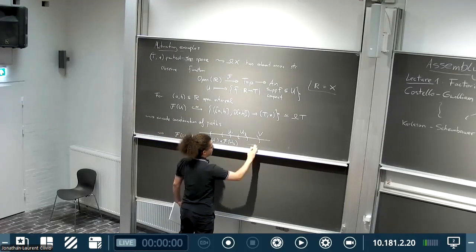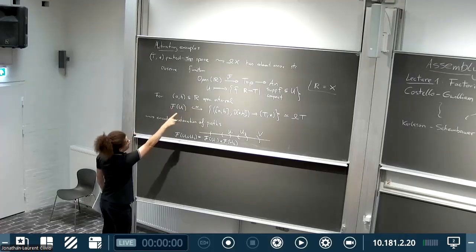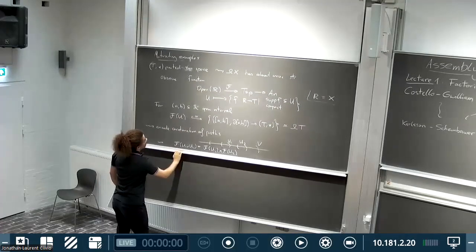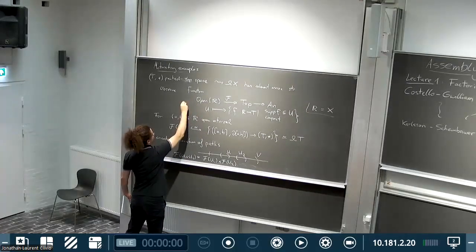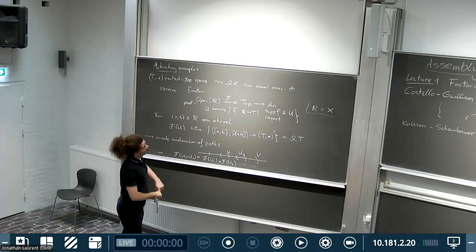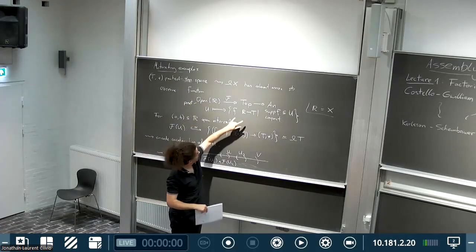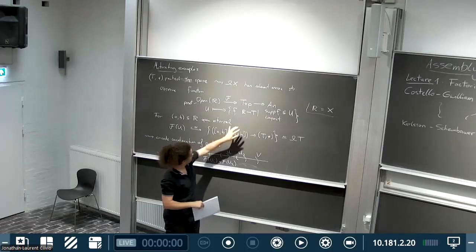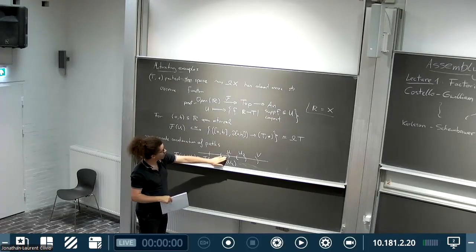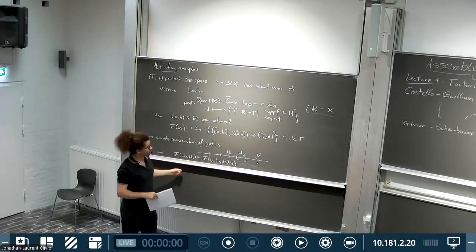But then, since this is really a functor, where here I view this as a poset by inclusion, and this is obviously functorial, because if something has support on something smaller, then in particular it has support on something bigger.